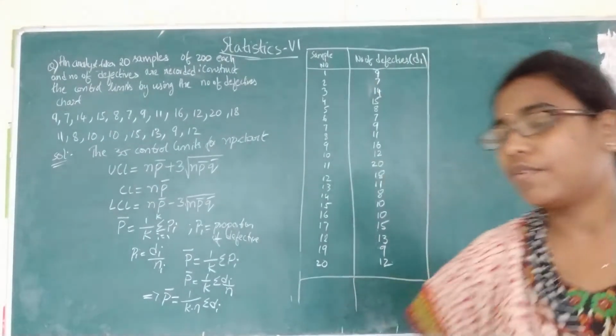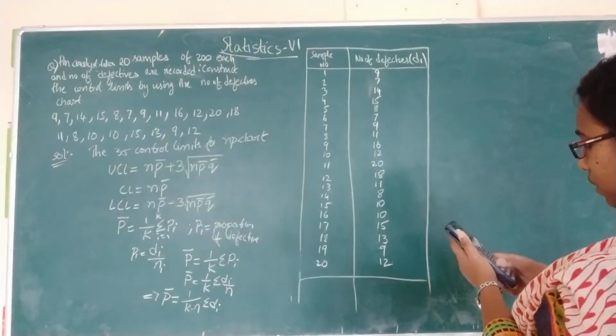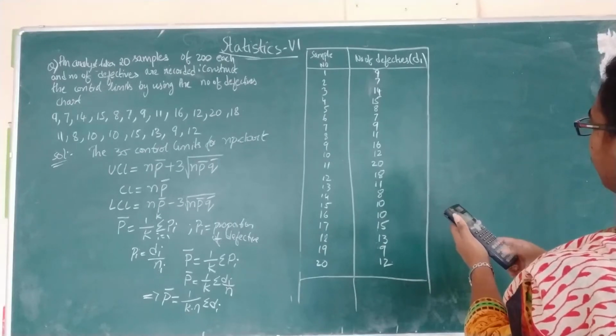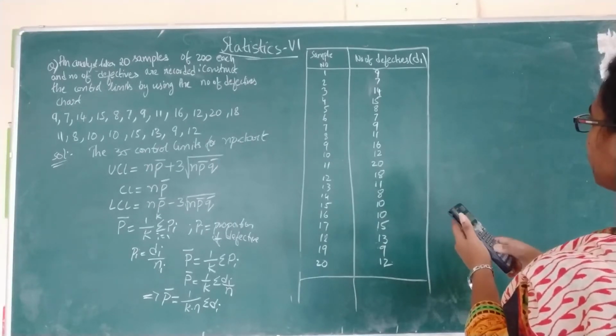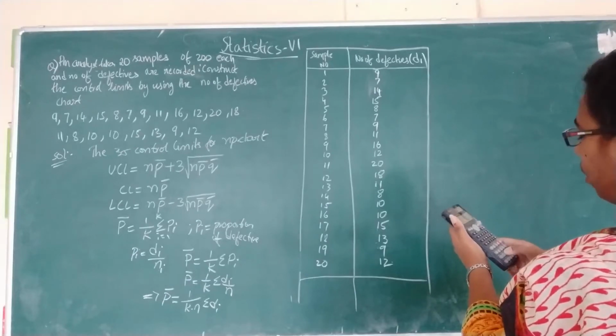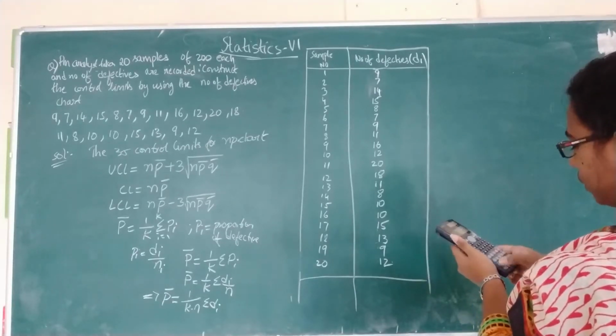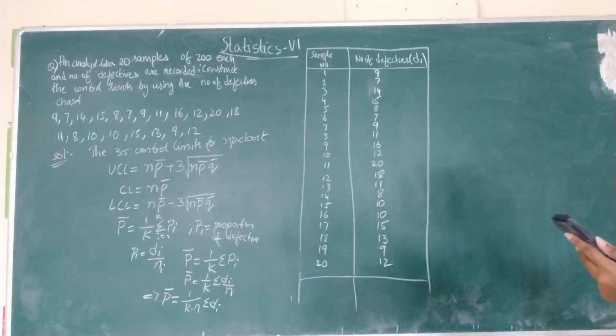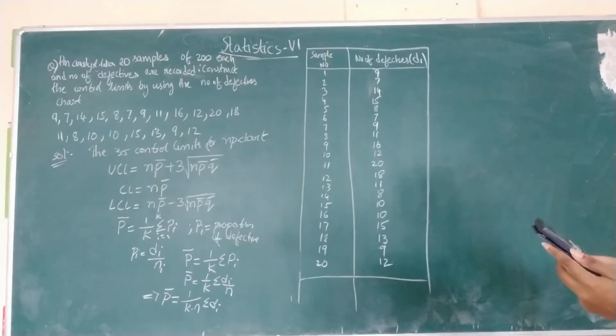So add all the given values, that is 9 plus 7 plus 14, 15, 8, 7, 9, 11, 16, 12, 20, 18, 11, then 8, 10, again 10, next 15, 13, 9 plus 2.